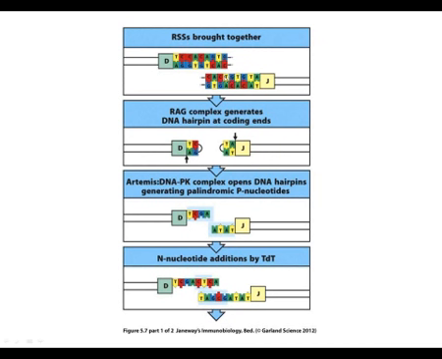So here is your heptamer, CACAGTG. Your two heptamers of your RSSs. They're in close sequence here, right? And then RAG comes along, and it's going to clip these off, and it creates this hairpin.